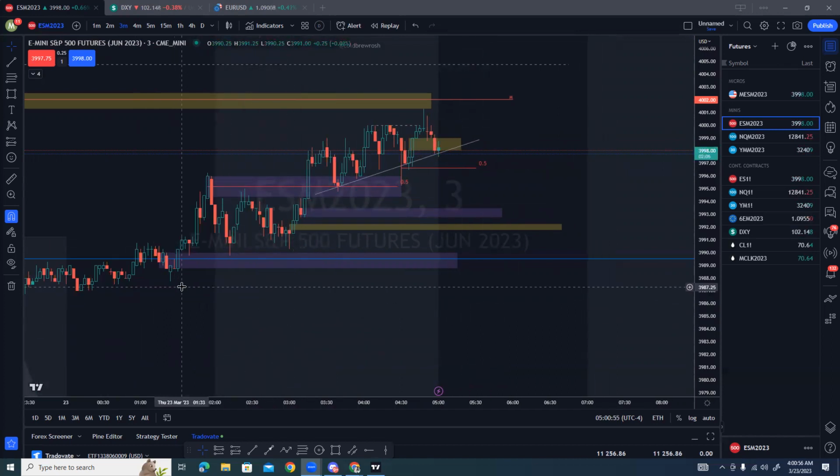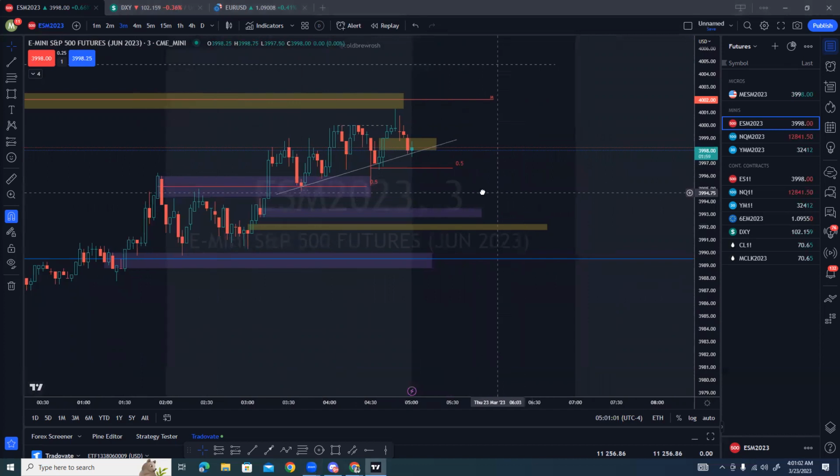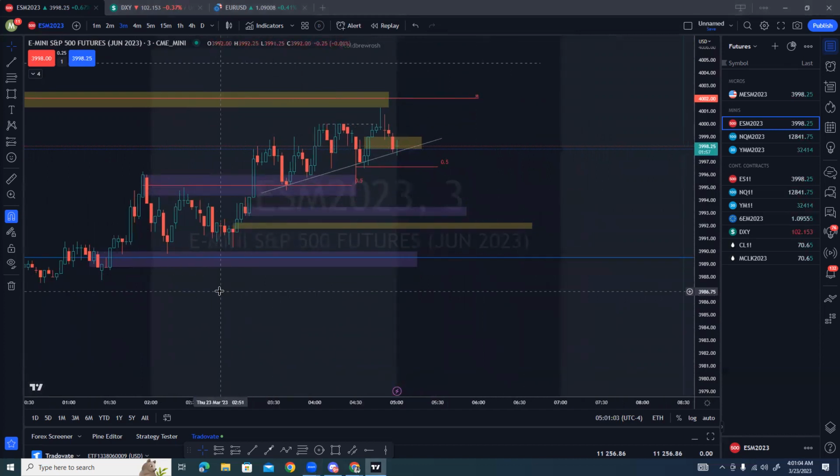It's not going to be like the holy grail overnight type of thing, but it's going to take you some time. You're still going to have failed fair value gaps. You're still going to have failed trades or even missed trades. Like if this explodes from this fair value gap, well, that's going to be a missed trade on my part, because I want it to come back and take liquidity before it goes long again.